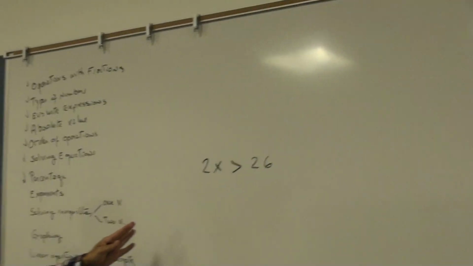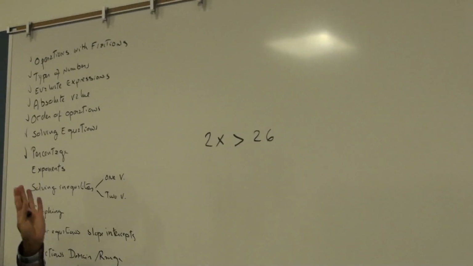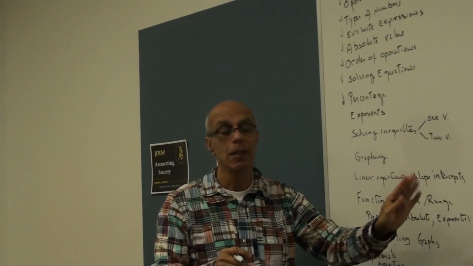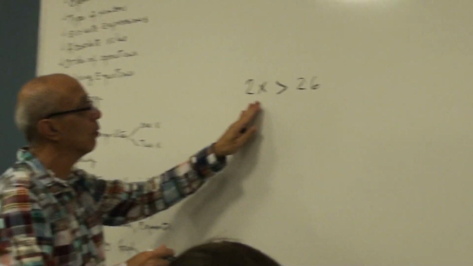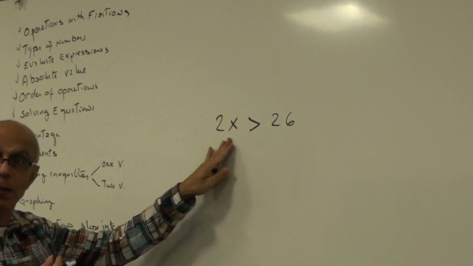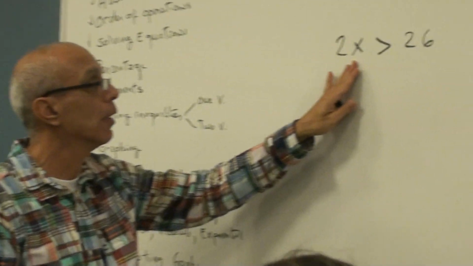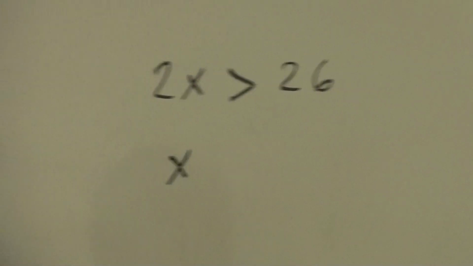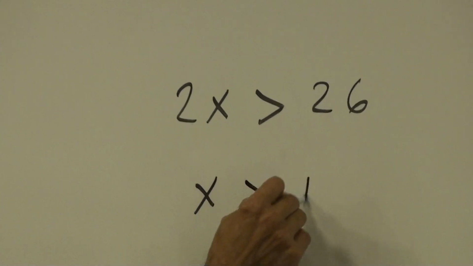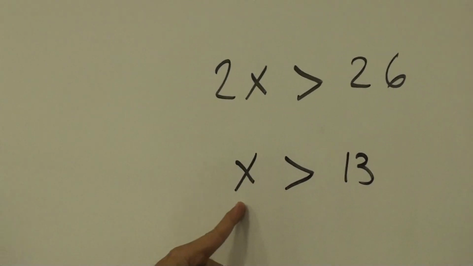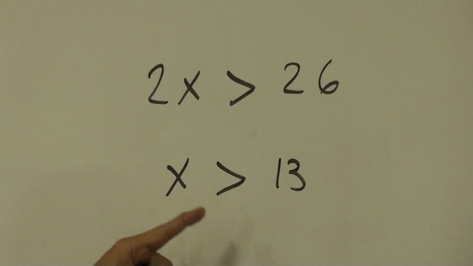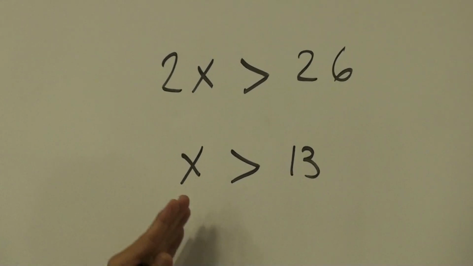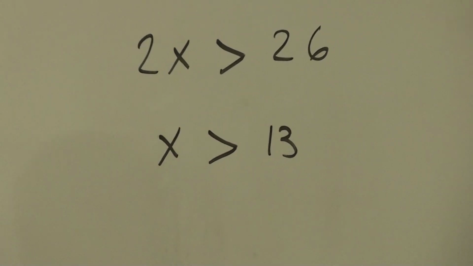In an inequality, we're going to find a range, okay? So, to find the values of x here, I would have to divide by 2 on both sides, again using properties of equality. And now, instead of x being equal to 13, I'm saying that x is greater than 13, okay?